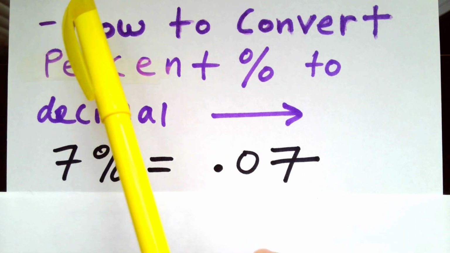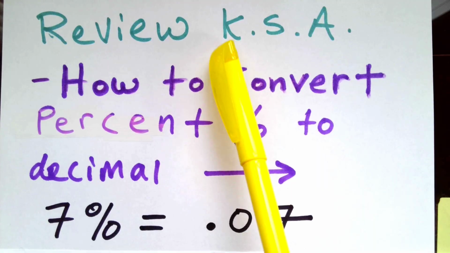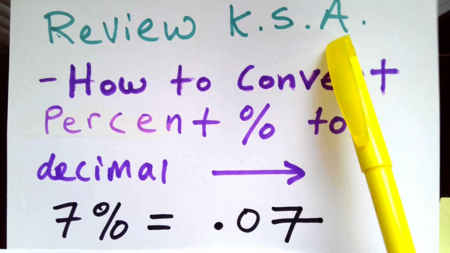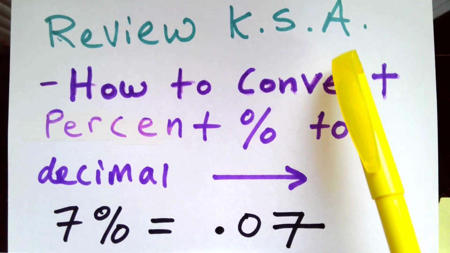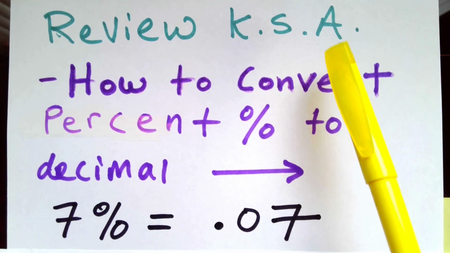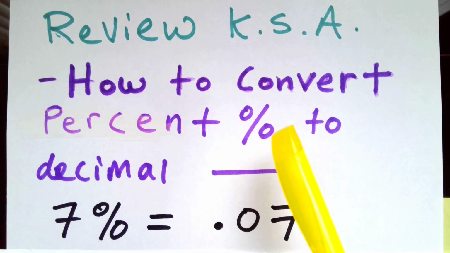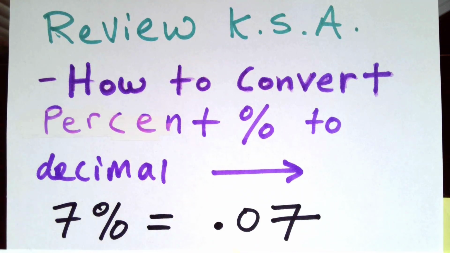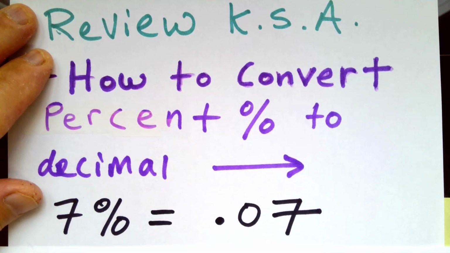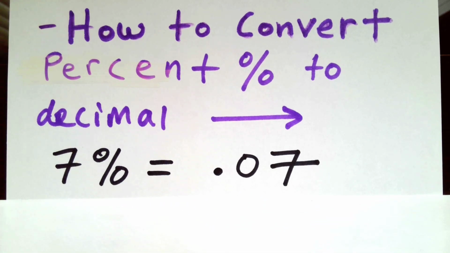So, when we are reviewing key knowledge, skills, and abilities, knowing how to convert percent to decimal is super important. Understand that the tax was 7% in this particular problem.